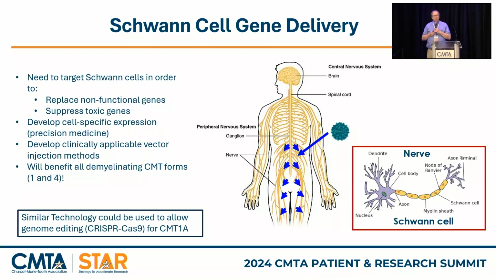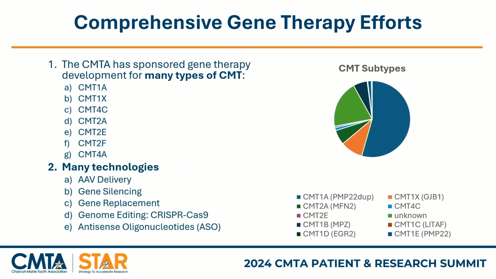And if we are able to solve this delivery issue for CMT1A, this will really benefit CMT1X, CMT1B, all these other demyelinating CMT forms. And so this has really been another major effort for us, not only to have a fix that works, but also one that can be efficiently delivered to the correct cells as well.